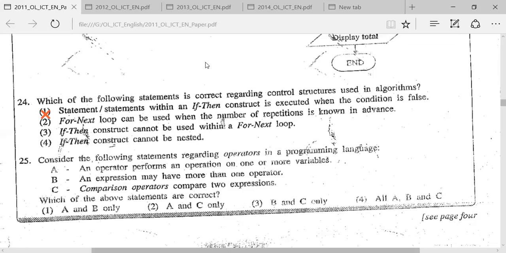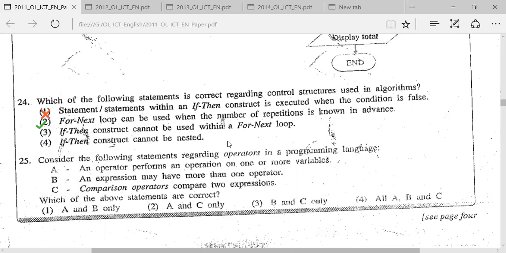So that is true. An if-then construct cannot be used within a for-next loop. If-then is a selection. For-next loop is an iteration. Selection inside iteration, iteration inside selection, those two types of questions we already discussed in our class.